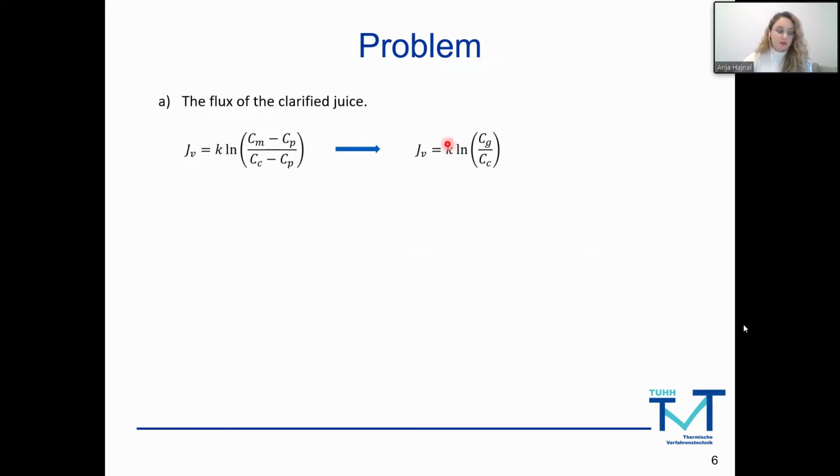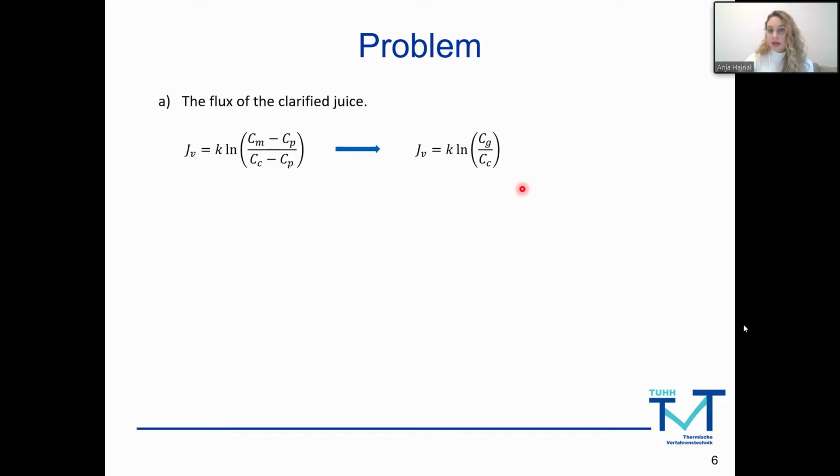So we have the mass transfer coefficient, which multiplies the natural logarithm of the difference between this Cg, or the maximum allowed pectin concentration, and Cc, which is the feed concentration.